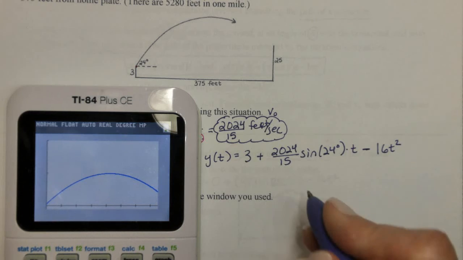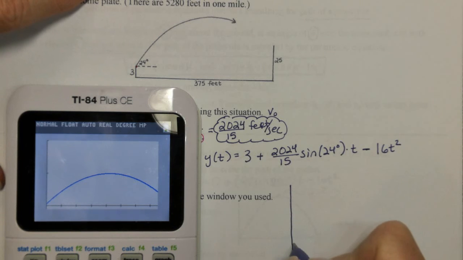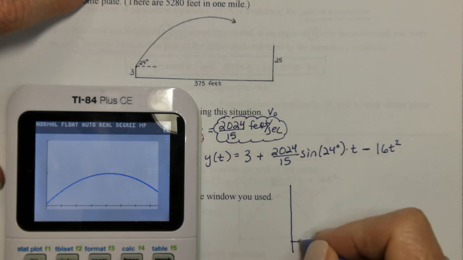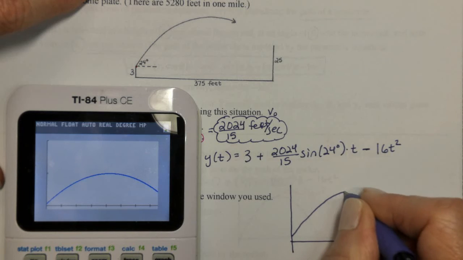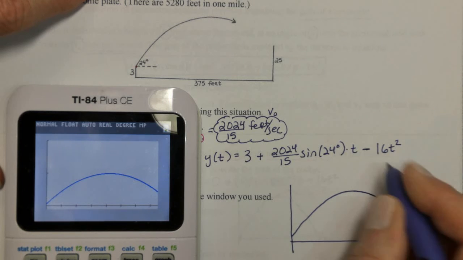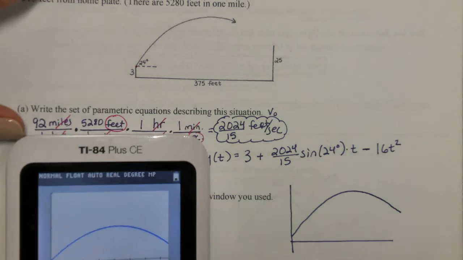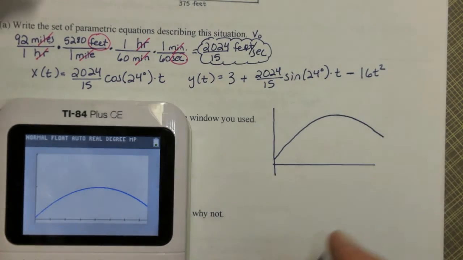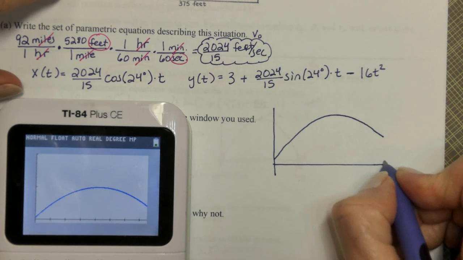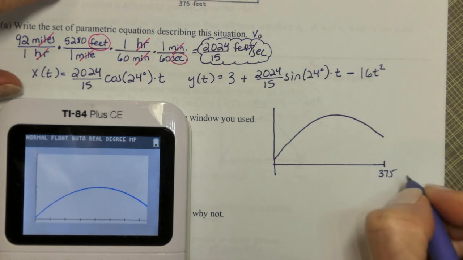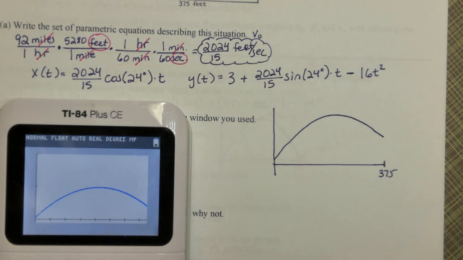Well, first of all, that graph is pretty good. I'm going to go ahead and sketch that graph. It certainly looks a lot like this picture over here, doesn't it? Okay, so there's my little sketch of the graph. And I'm just going to stop at 375 because that's where the wall is.